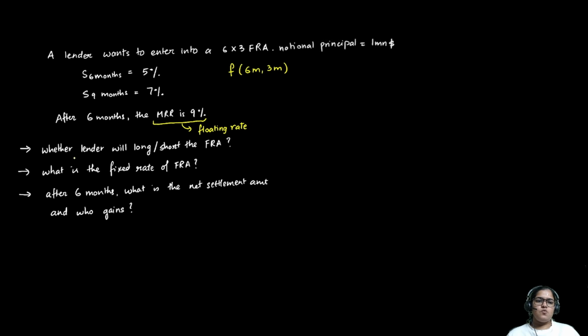Part number one, whether the lender will buy the FRA or will he sell the FRA. So this is very simple. Whenever you are lending money, your main worry is that interest rates will fall.